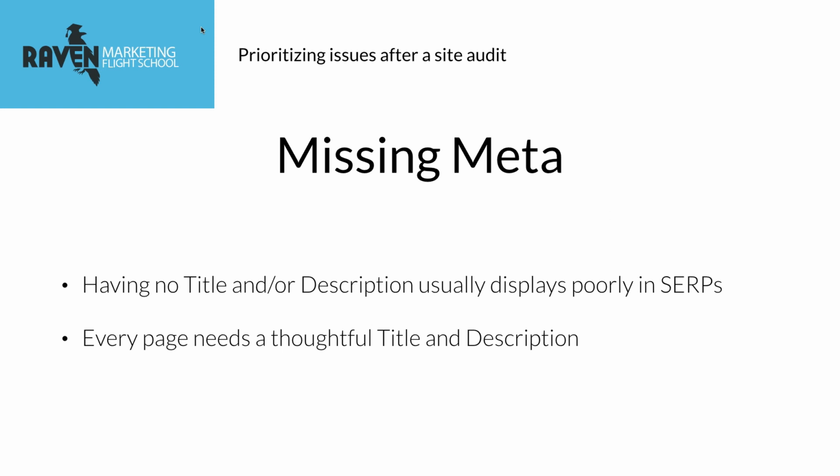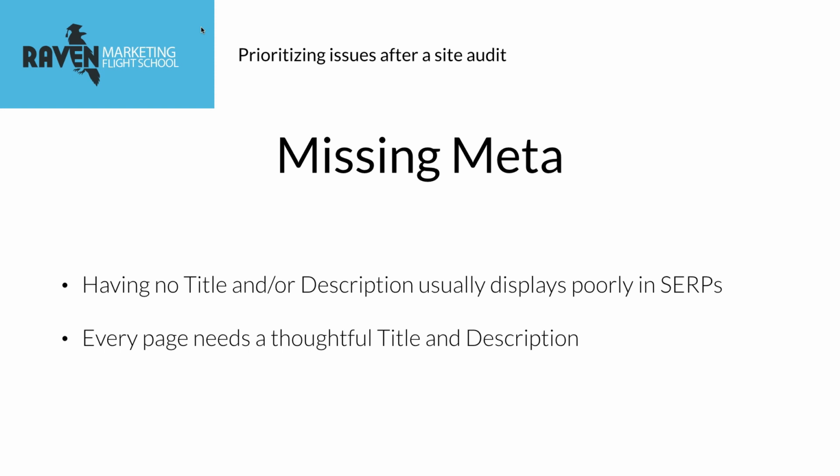Even if you have a page that already performs well and shows up on the first page of particular searches, if you are missing the title and or the meta description, that can really decrease the click-through rate.